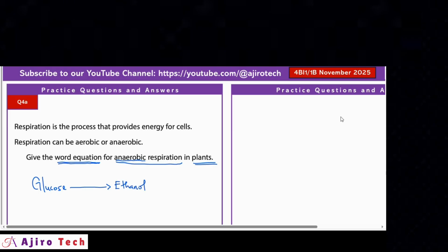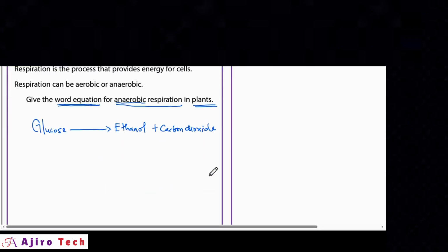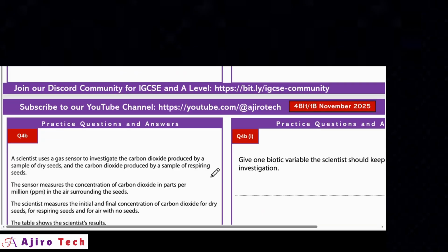Now, ethanol is the product of anaerobic respiration in plants. Ethanol plus carbon dioxide. That's all you need. Glucose will be broken down into ethanol and carbon dioxide, the products of anaerobic respiration in plants. So let's move to the next question.